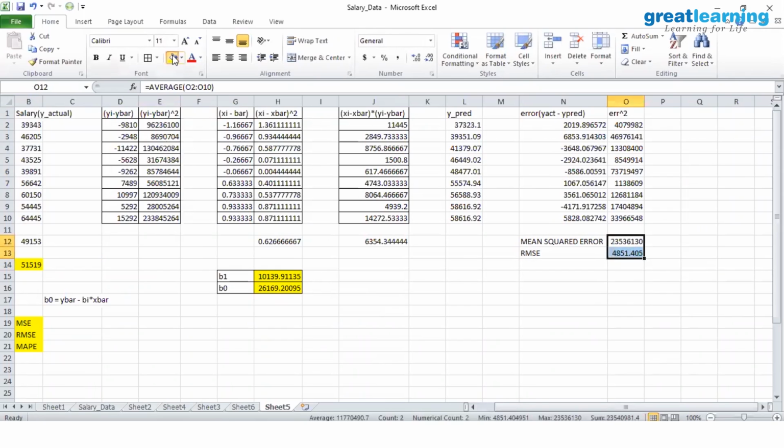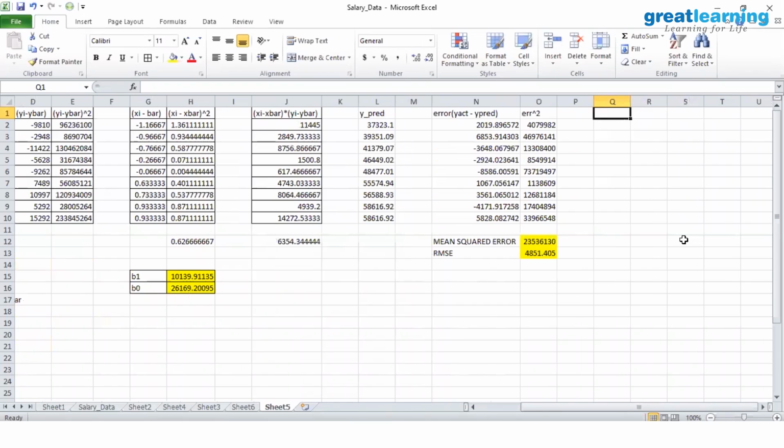So these both metrics are very important. And one more important metric which I wanted to tell you, this is not part of the scope of this session, but since I have covered MSE and RMSE, I wanted to cover MAPE also, mean absolute percentage error. How do I calculate it? Error percentage absolute mean, always remember it in the reverse way.